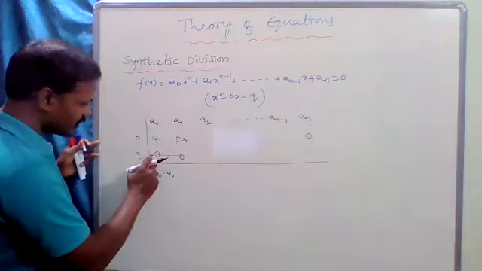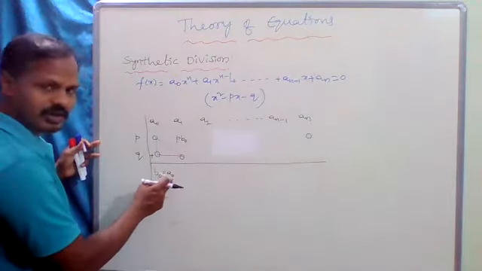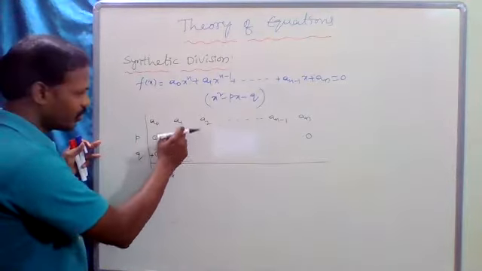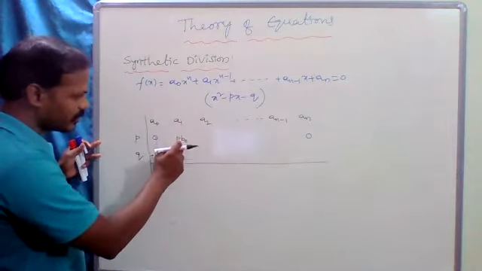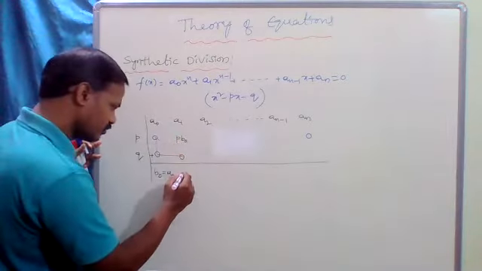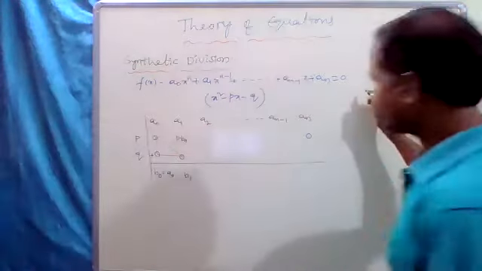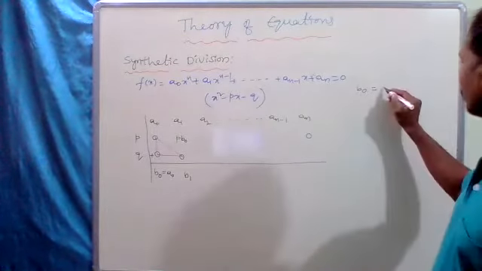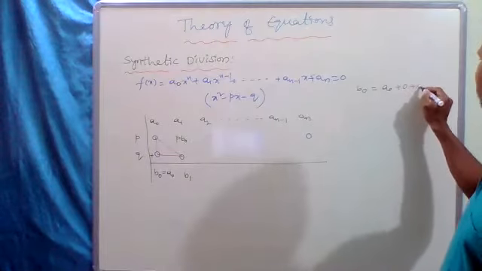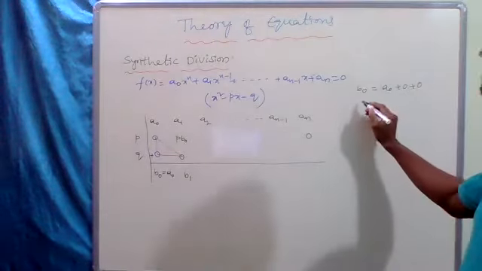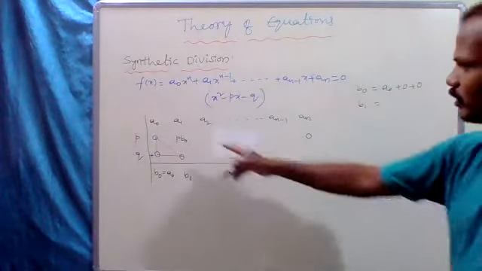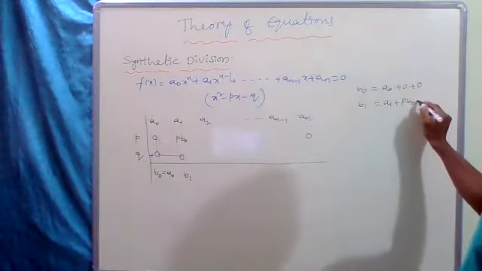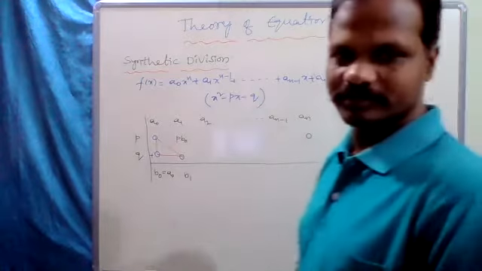Now adding a1, p b0 and 0, you get b1. So b0 equals a0 plus 0 plus 0. Next, b1 equals a1 plus p b0 plus 0.